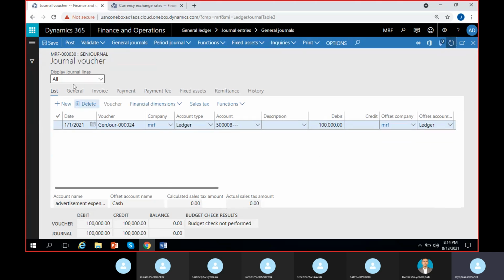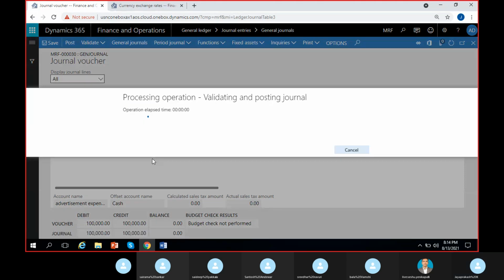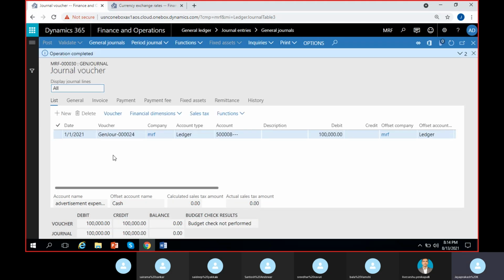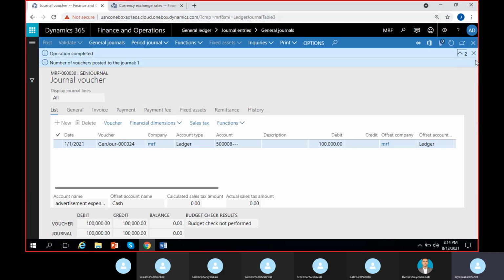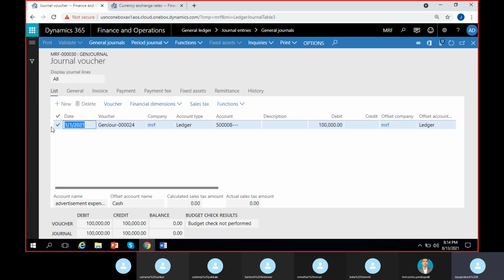Then this time I'll post it. So no problem. This time it got posted. So for the 1st of January, I posted advertisement expenses of 1 lakh into my books.